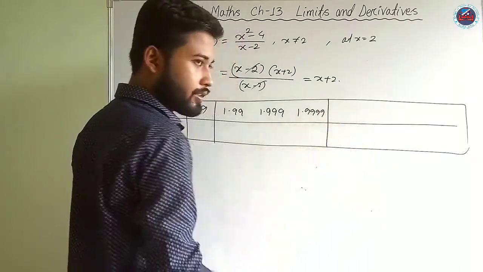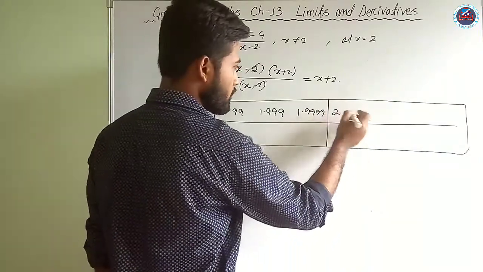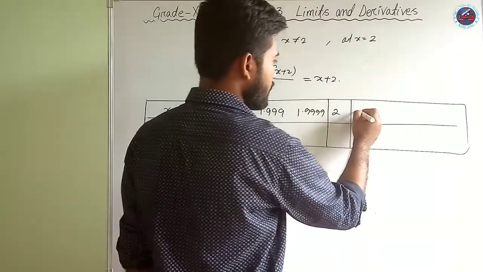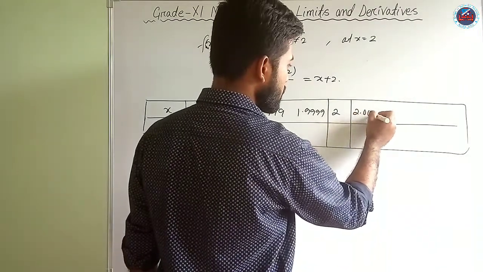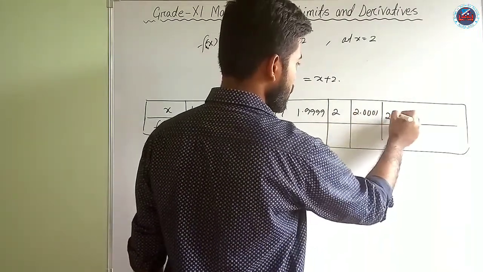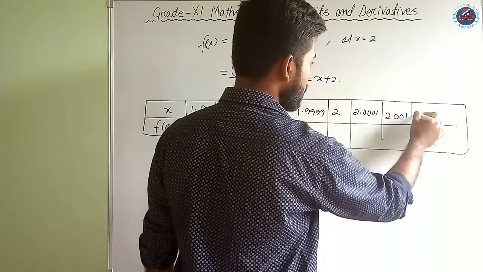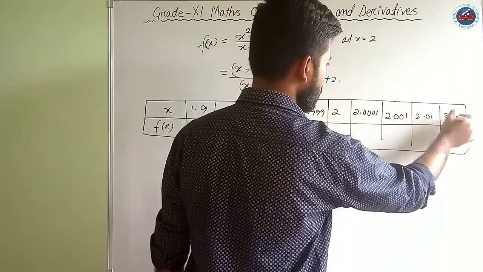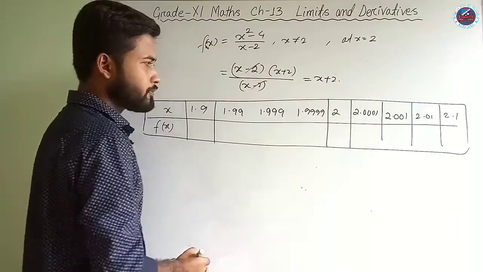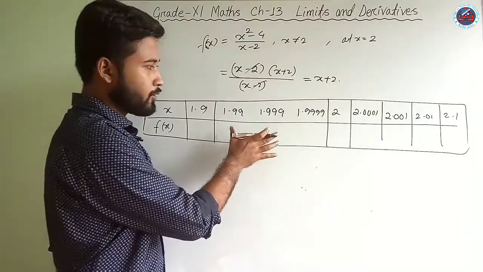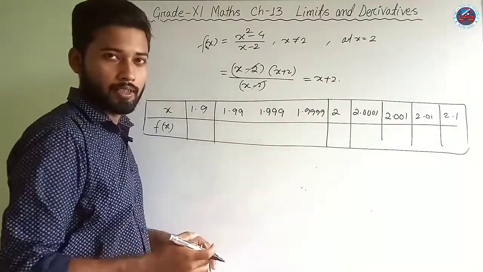We shall not take the point 2, and next we have 2.0001, 2.001, 2.01, 2.1 and so on. See that we are always taking points very near to 2, in the neighborhood of 2.